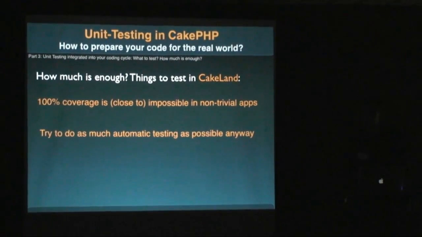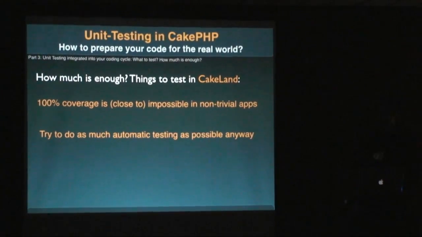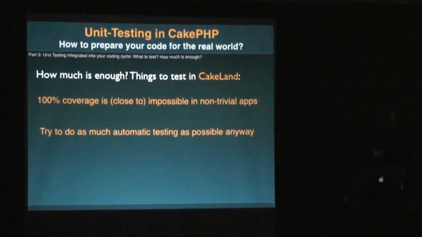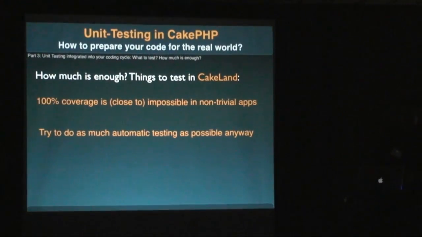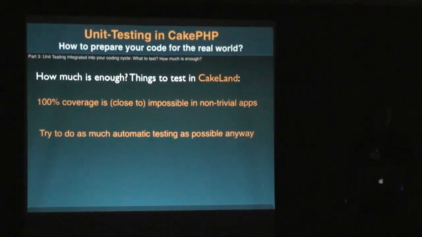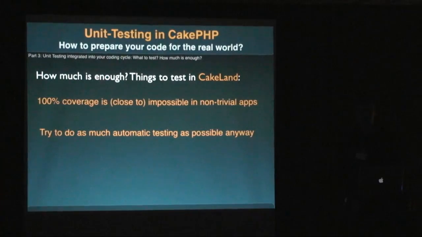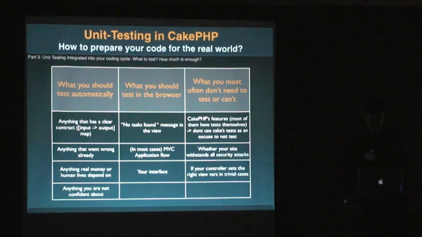You should aim for it, but 80% test coverage is good as well, and you might get off with that nicely, and not spend hundreds of hours just getting to 100% test coverage. And yeah, you should try to do as much automatic testing. That's at least my perception. It very much helps. It saves a lot of time, and yeah, you'll be fine with it.